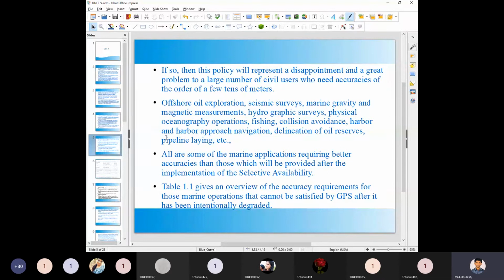All these come under marine applications, which require better accuracies than those which will be provided after the implementation of selective availability.